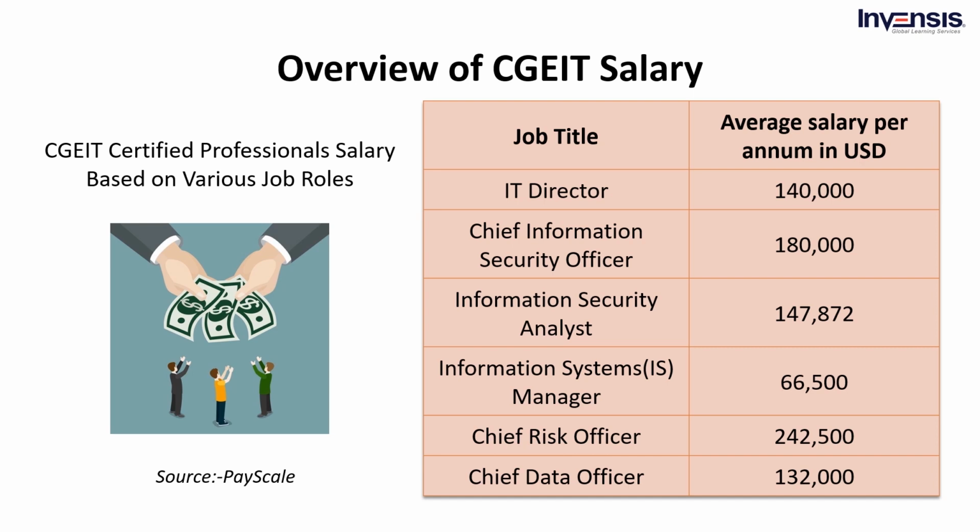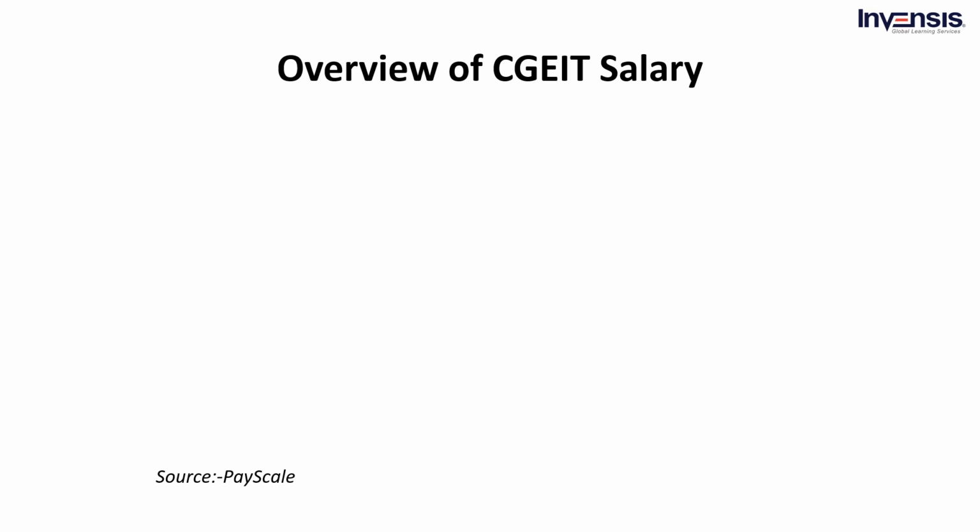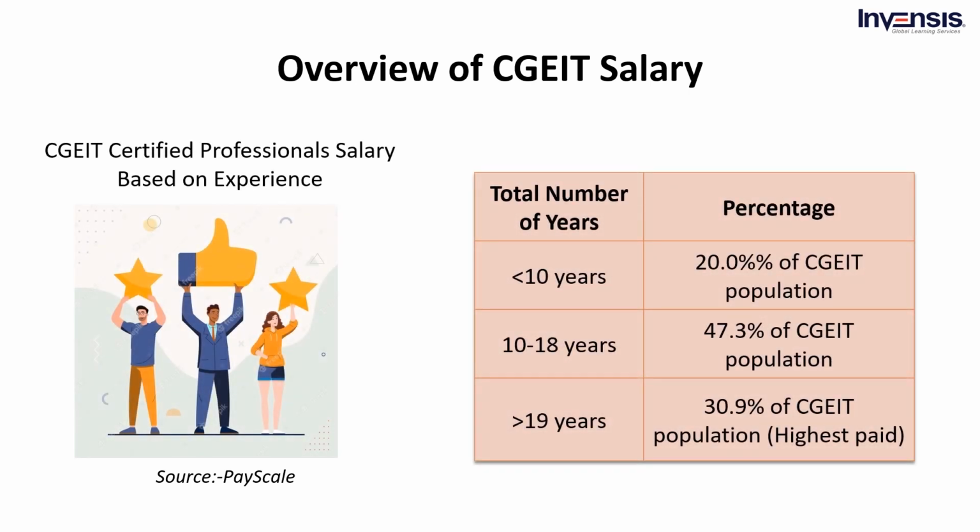An Information Systems Manager earns an average salary of $66,500. A Chief Risk Officer earns an average salary of $242,500. And last but not least, the job role of Chief Data Officer also earns an average salary of around $132,000, according to PayScale.